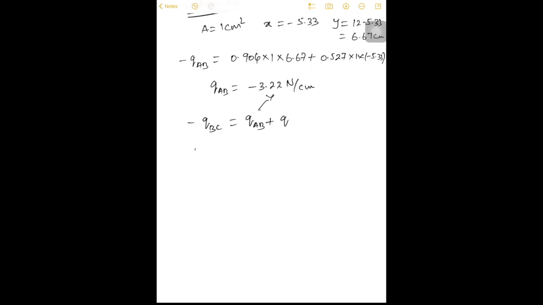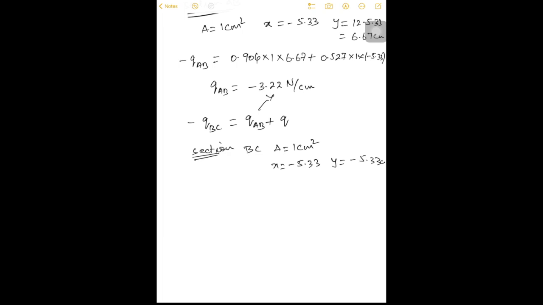So section BC, A equal to 1 centimeter square, and X equal to minus 5.33. So it is in the third quadrant, so both the X and Y will be minus. Y equal to minus 5.33 centimeter.